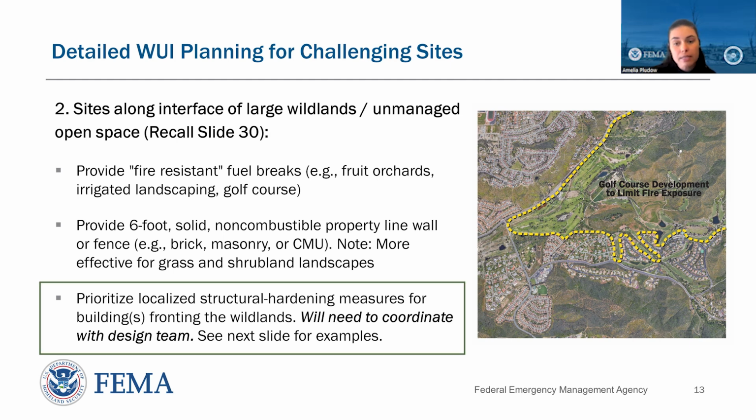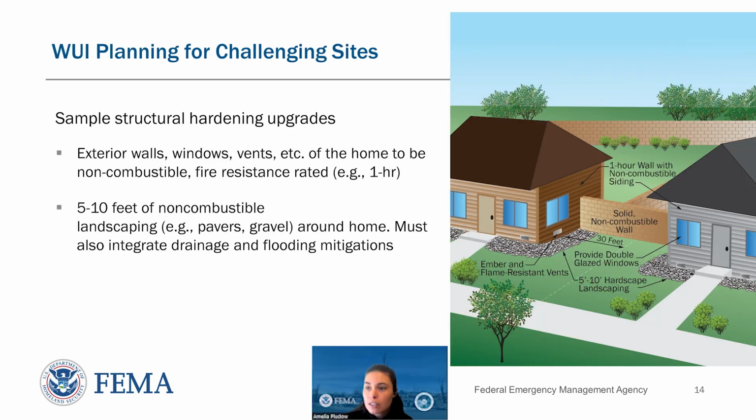And then on the development side, to prioritize providing structural hardening measures for structures that are at the interface with that wildland vegetation, and at the very least on the sides of structures that are within 100 feet of the interface. So a little bit more detail about what those structural hardening upgrades could look like.